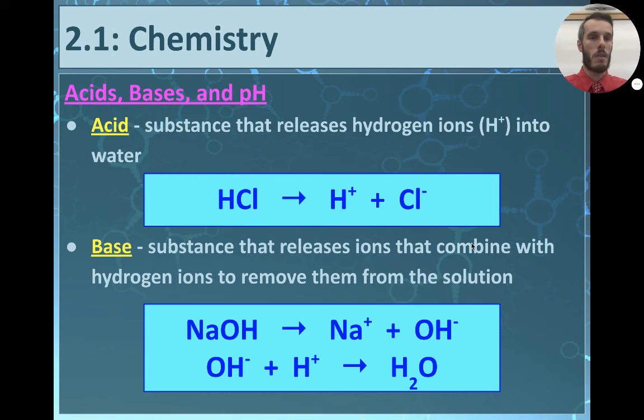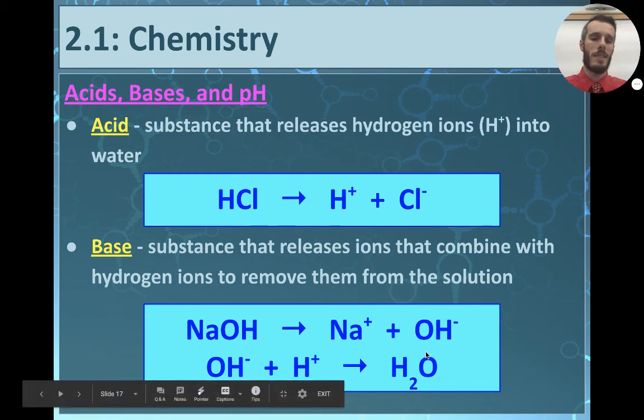So an acid increases the hydrogen ions, bases decrease the hydrogen ions. So the example here is sodium hydroxide, which will split up, and then the OH minus here will combine with the H plus to form water. So it's two steps, but eventually it takes out the hydrogen ions from the solution.